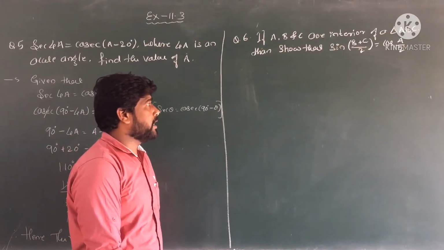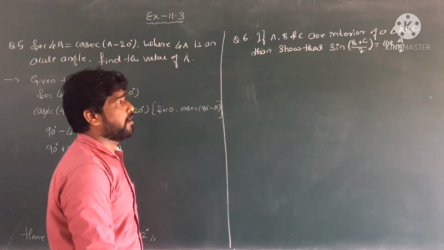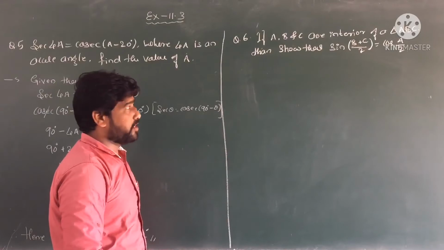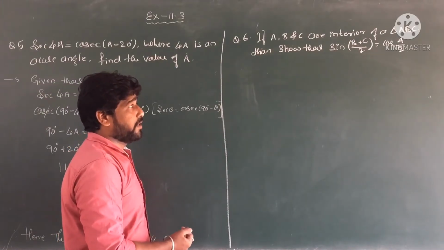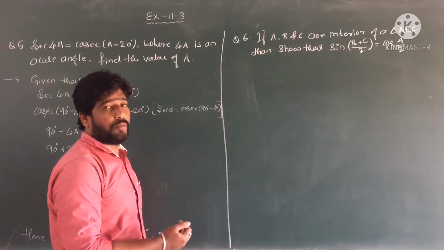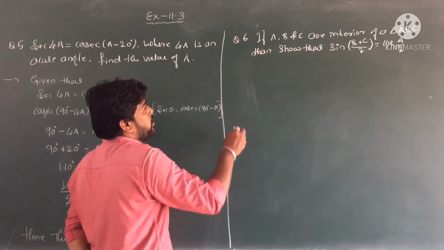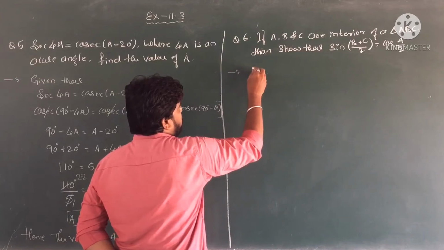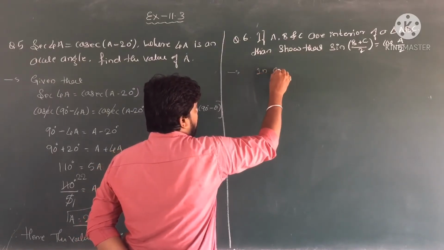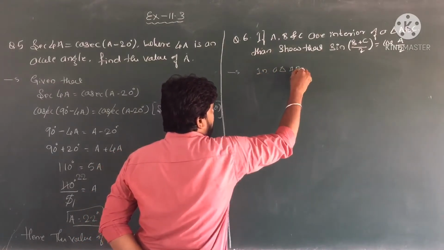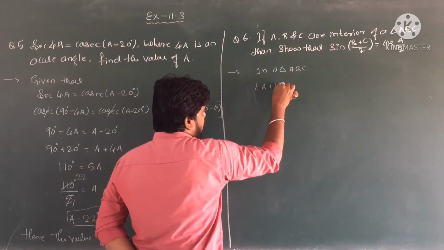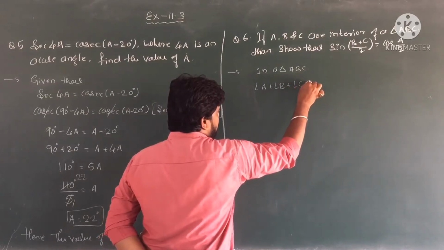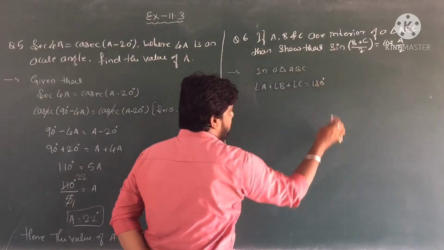If A, B and C are interior angles of a triangle ABC, then show that sine of (B plus C) divided by 2 is equal to cos A by 2. Right? So here, we know that in a triangle ABC, angle A plus angle B plus angle C is equal to 180.